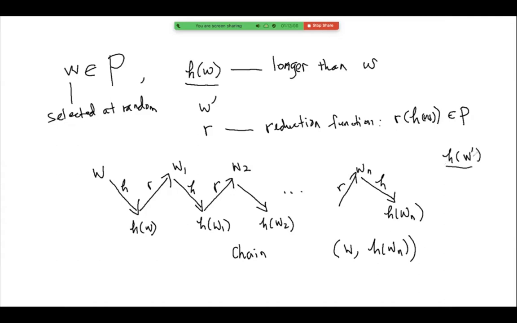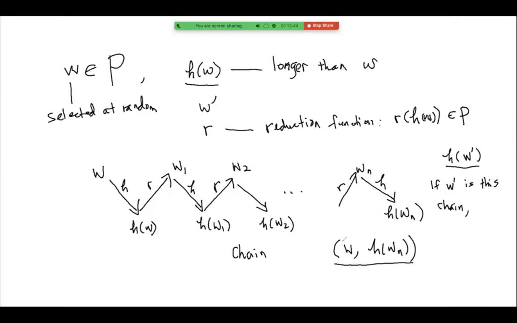Assuming this W prime appears in one of these chains, then I can find it by looking at this.